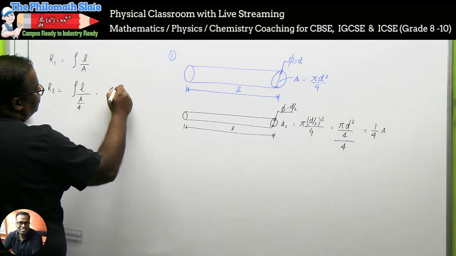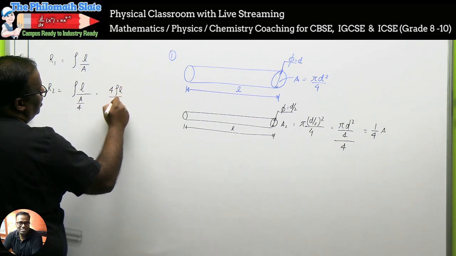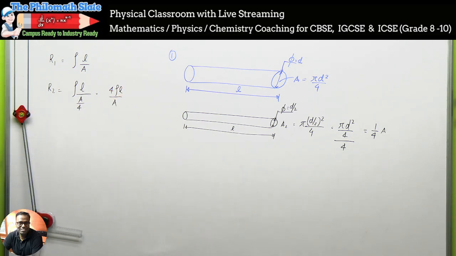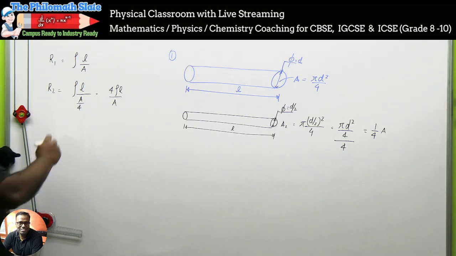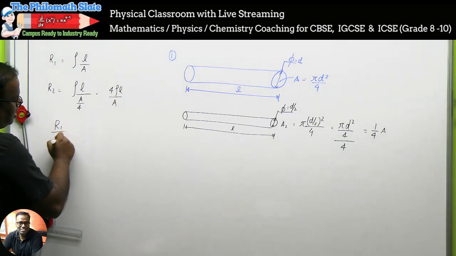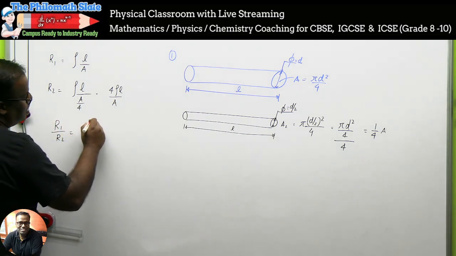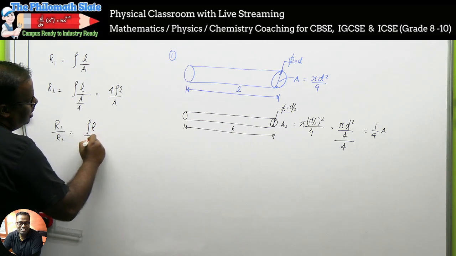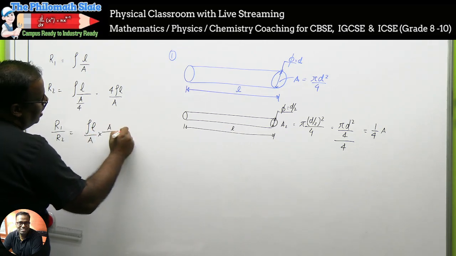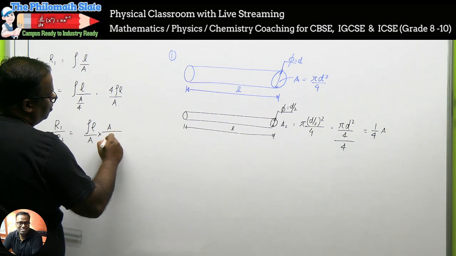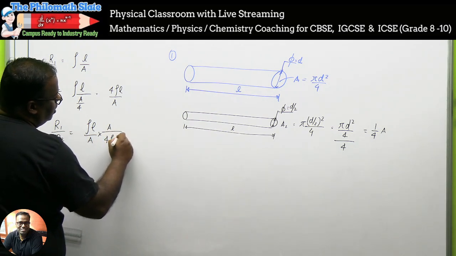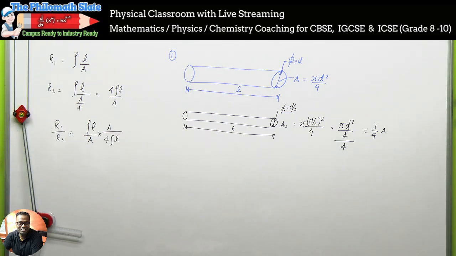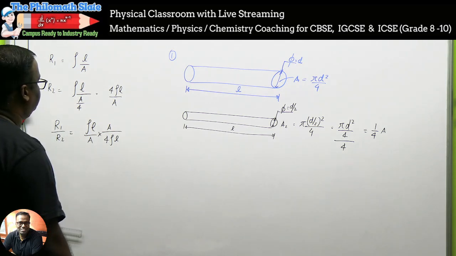So I can write it as 4 rho L by A. ठीक है? अब जरा R1 by R2 करके देखते हैं. R1 by R2 is rho L by A into A by 4 rho L. ठीक है?